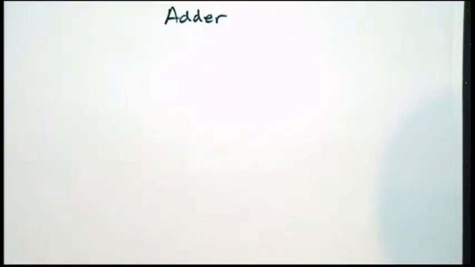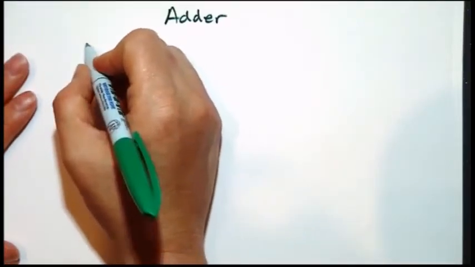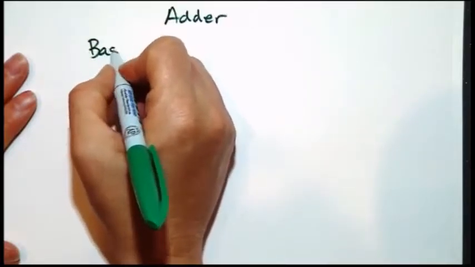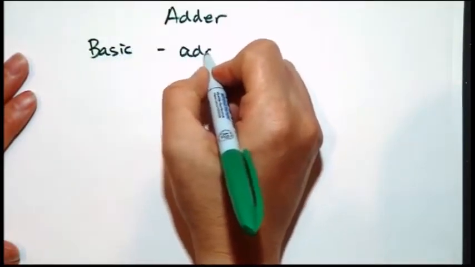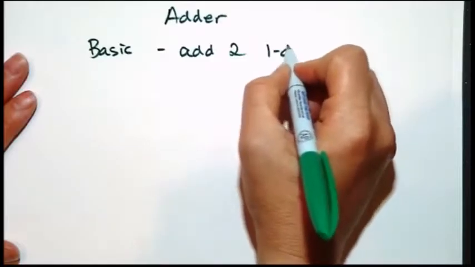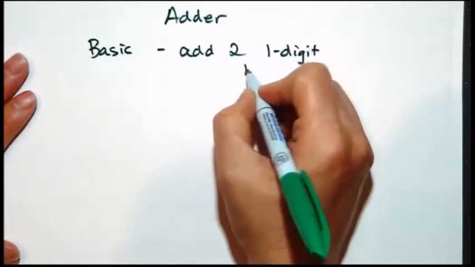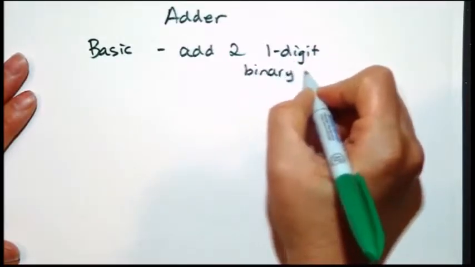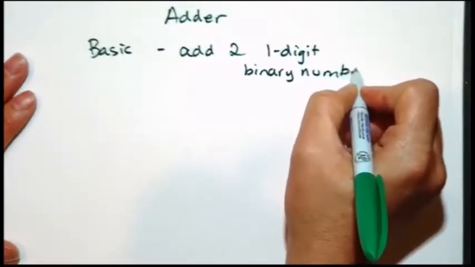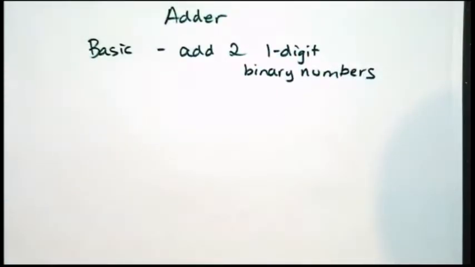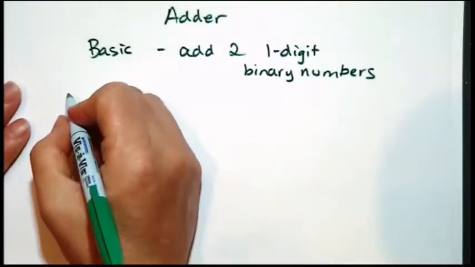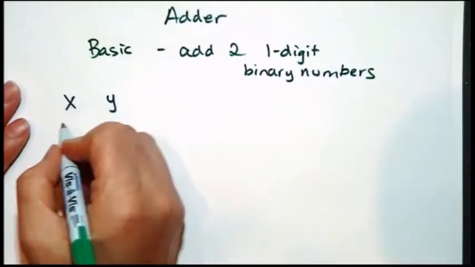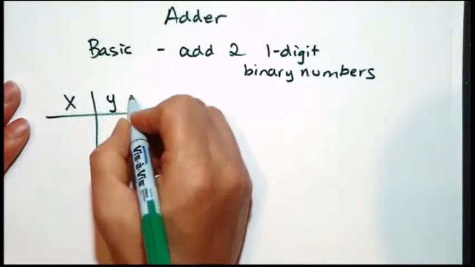Okay, so it has to be done bit by bit. The most basic adder will add two one-digit binary numbers. So let's make two one-digit binary numbers.